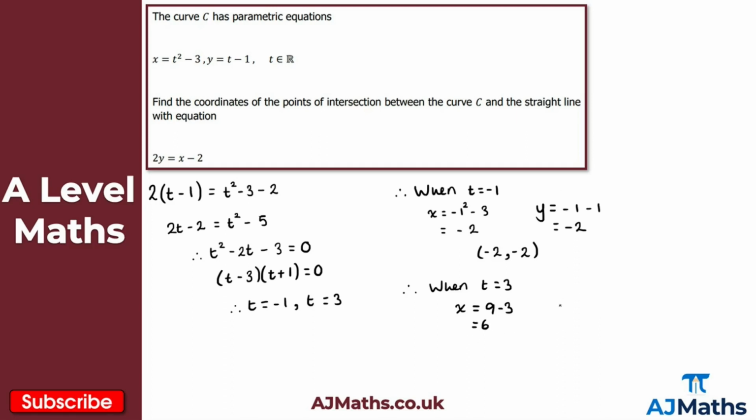And then for the y coordinate here, it's going to be t minus 1. So if t is 3, we get 3 minus 1, giving us 2 there. In that case now, the coordinates here are 6, 2, and there we have it. So that's the coordinates there for the points of intersection. That's the solution there to the very last question, question 3.